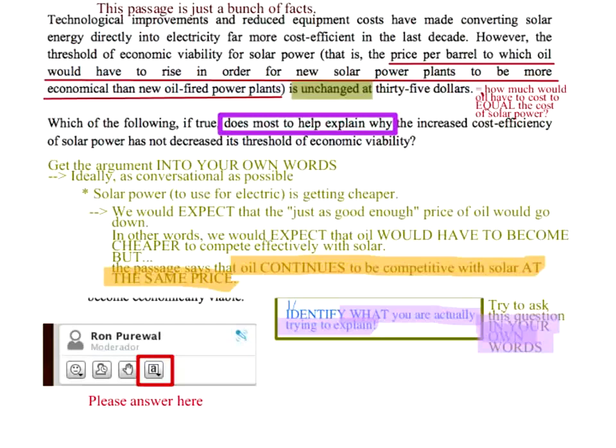So the weirdness that we have to explain here is: why is oil power still competitive with solar power, even at the same price for oil? This is the real issue here.